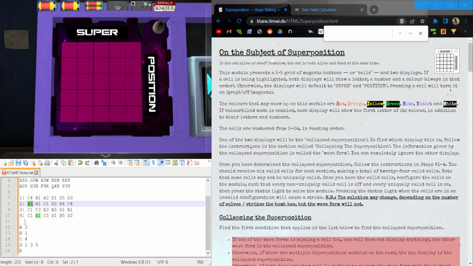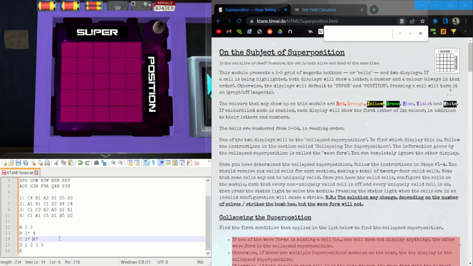The second row, Alpha 1, Bravo 1. Now Bravo 1 is already used, so I'm going to mark it with an asterisk, indicating that it's already used, and therefore it will not be part of our solution. And Charlie 1, Delta 2, Bravo 4, and Charlie 4, which has already been used. Then we have Charlie 1, that's already been used.